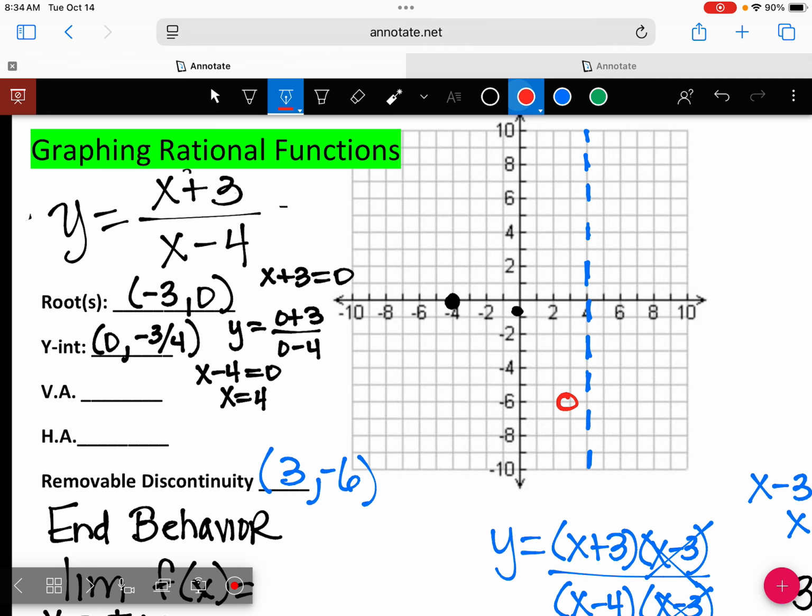Okay. Is this top heavy, bottom heavy, or balanced? Balanced. So because it's balanced, we're just dividing our leading coefficients, which is 1 and 1. And 1 divided by 1 is 1. Let's draw that in.